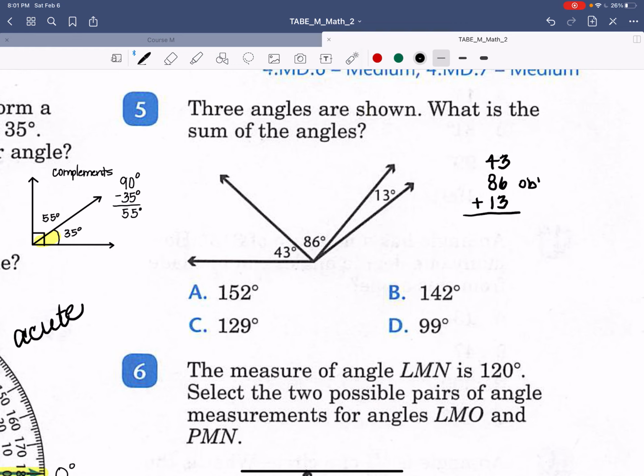This one is obtuse. This is acute. And this one is acute. We need the sum of those angles. So this would be 12, carry 1, and 14. The sum of the angles for number 5 is B.